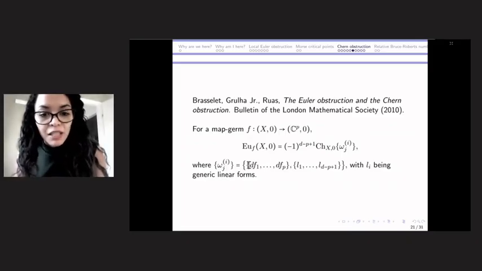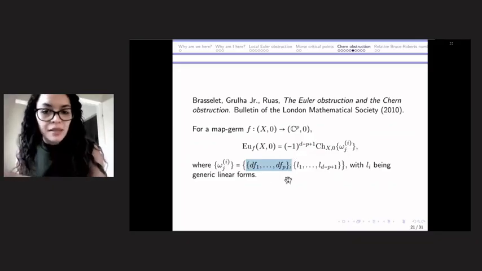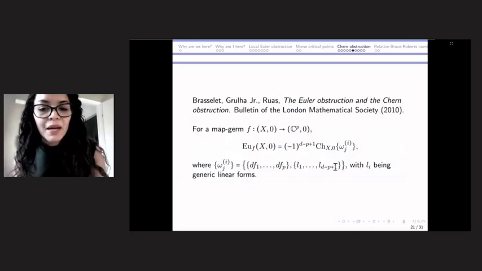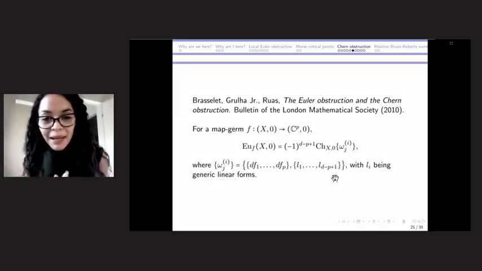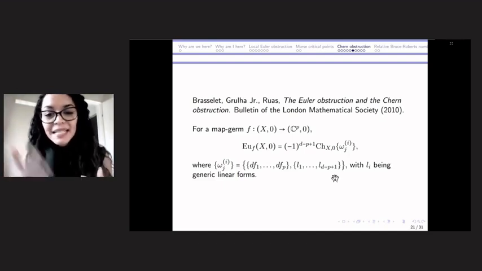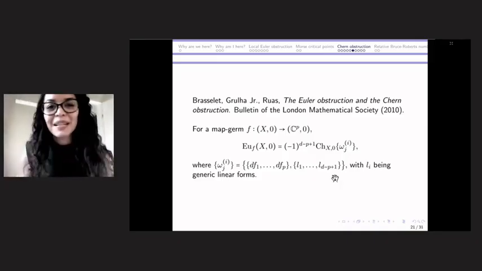So in the first collection, they put the differential forms of each component, and they complete with the correct number of generic linear forms. This correct number is in order to cut our space so that we can count singularities.